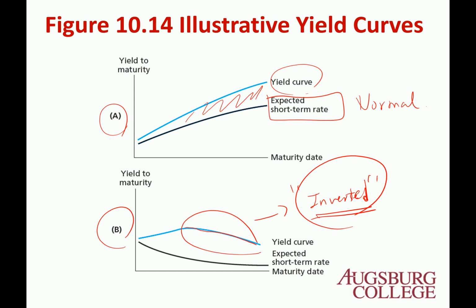This is a very strange phenomenon, because even though your liquidity premium is increasing, you expect short-term rates to decrease because of bad expectations for the economy. So the inverted yield curve is a kind of red flag for the economy, because it means that people expect the economy is going to go bad.